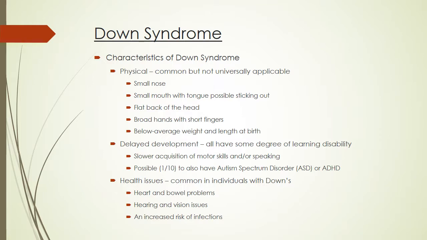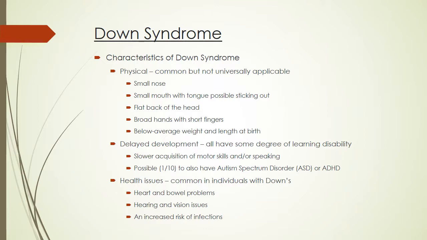So Down syndrome has a lot of characteristics, and a lot are physical and are quite obvious at first glance of a person who has Down syndrome. A lot of common physical characteristics are prevalent in many individuals with Down syndrome, but not universally applicable.